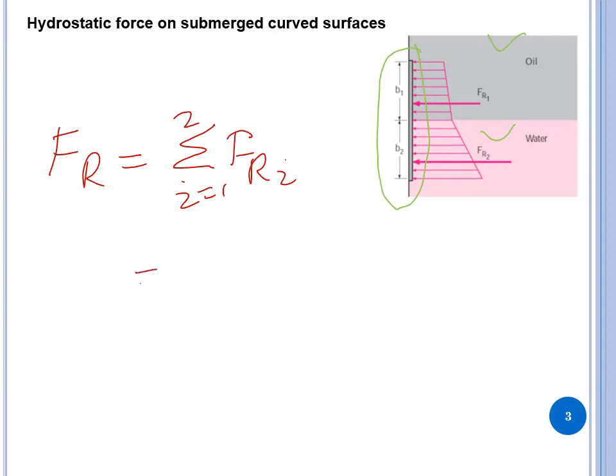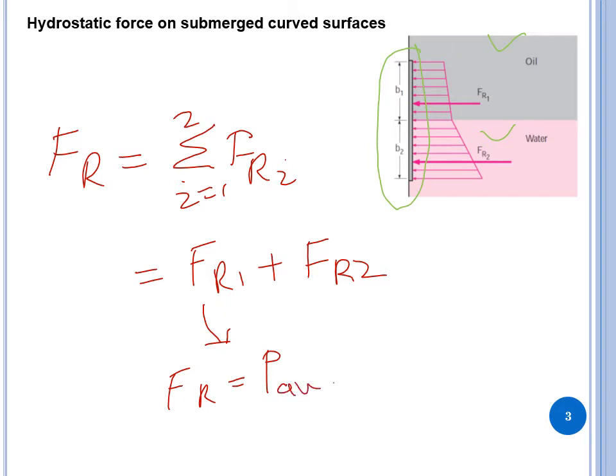So basically it is going to be FR1 plus FR2. And for the resultant force, just as a reminder, you know the formula: FR is basically P average times area, and P average is rho g hC.